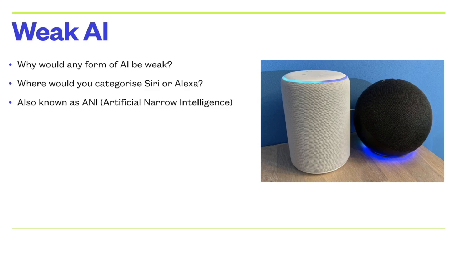And that is exactly why most of the applications of artificial intelligence in the market right now are categorized as weak AI, because they are limited to a large extent in the functionalities of what they can perform, and the moment you put them out of their comfort zone, they don't work.